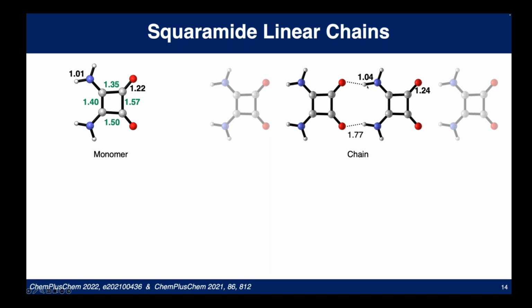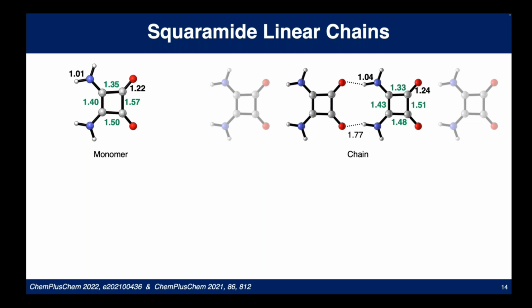The NH becomes longer because it accepts electronic density in the sigma star, and the CO becomes longer because it donates density through the lone pair, which is also partially localized on the CO bond. And what we also saw further is that the square becomes more regular.